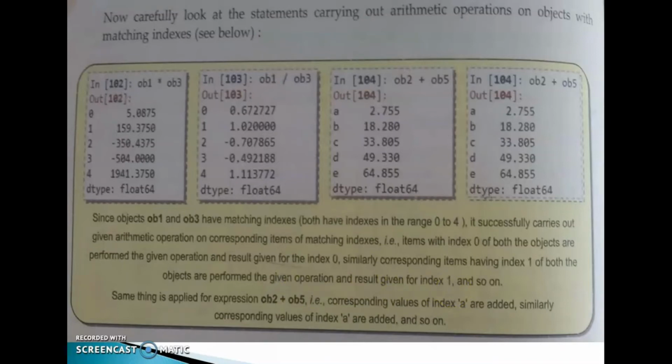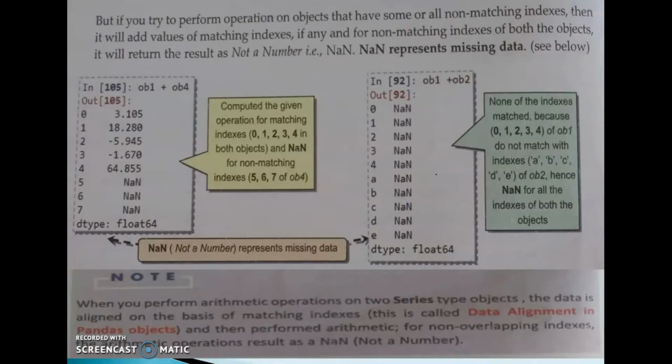Okay? Likewise, OB2 plus OB5. Clear? Now, OB1 plus OB4. OB1 plus OB4 computes the given operation for matching indexes 0 to 4 in both objects and NaN for non-matching indexes 5, 6, 7 of OB4.